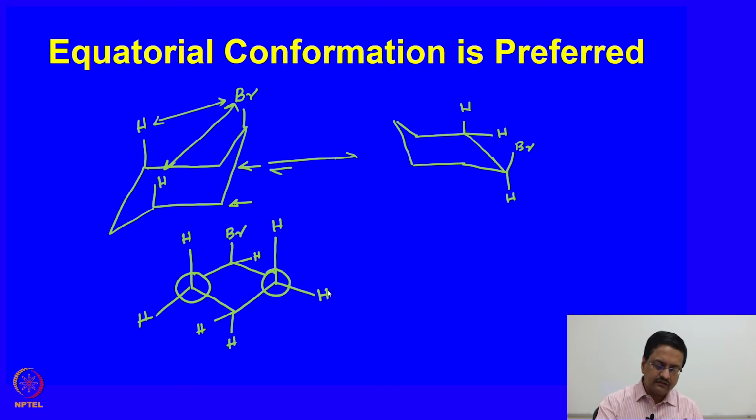So in this particular conformation, it is easily seen that this bromine is in between the two hydrogen atoms, and that causes a steric repulsion. So if we draw the flipped version of this molecule in Newman projection, it would look like this.